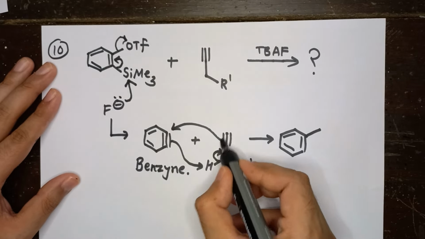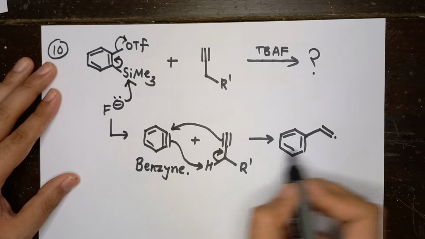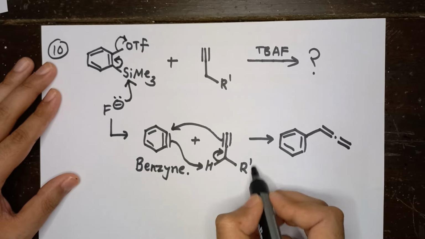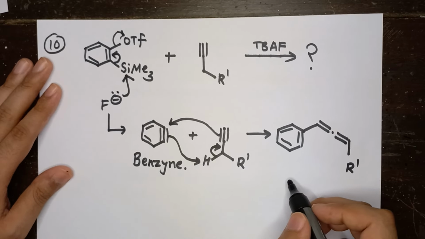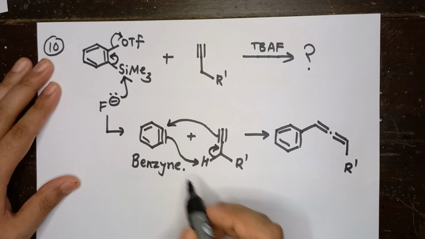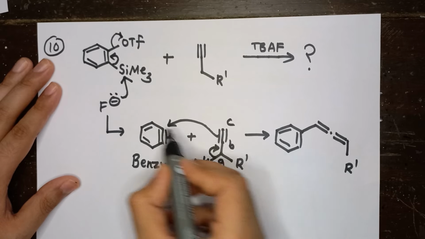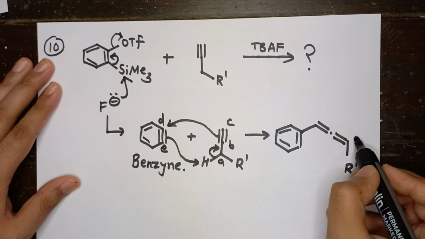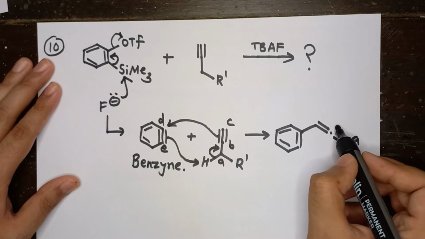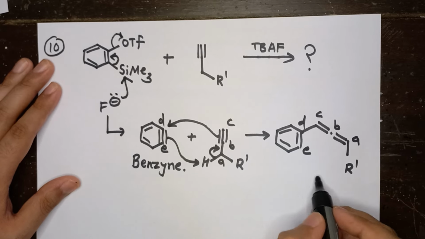Here we have a double bond, this is a carbon, we have a double bond which is attached to R1, right? Let me number them. So this is my A, B, C, D, E, and this is the product.